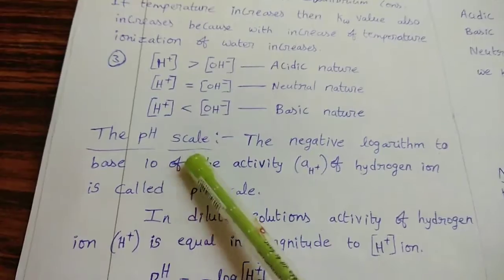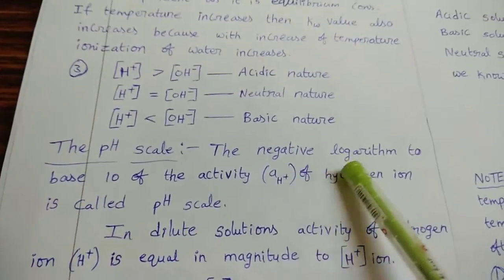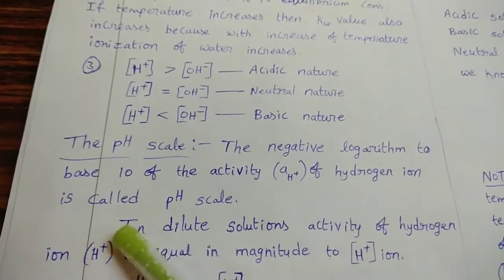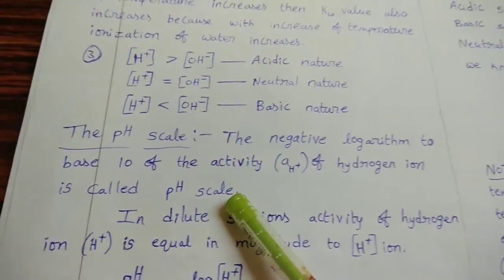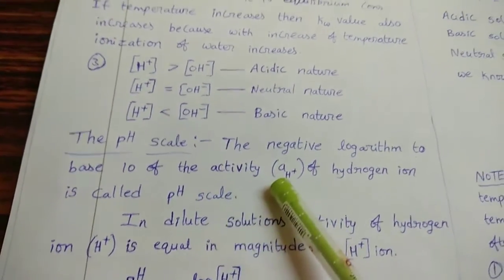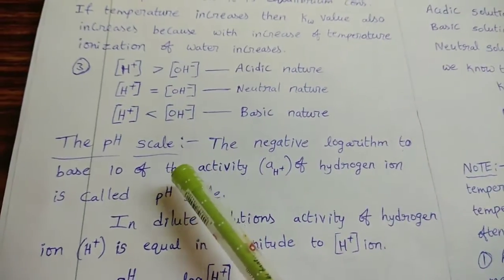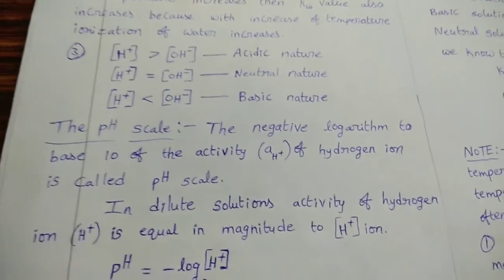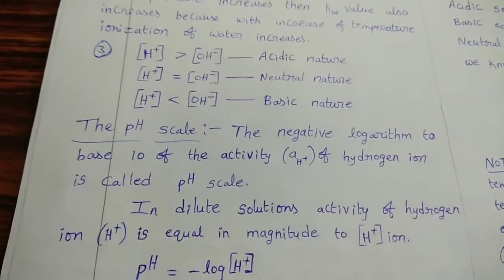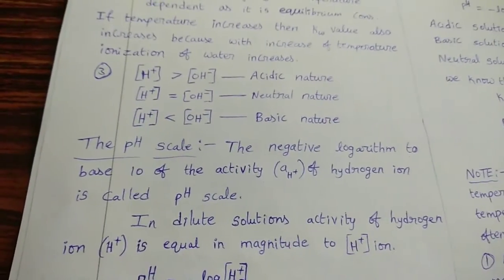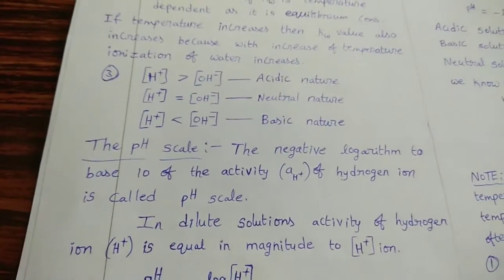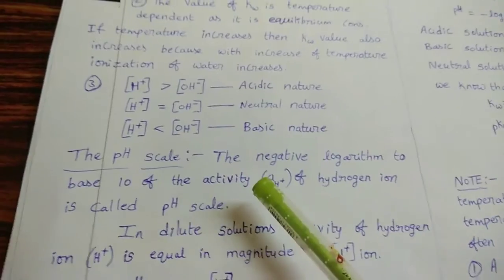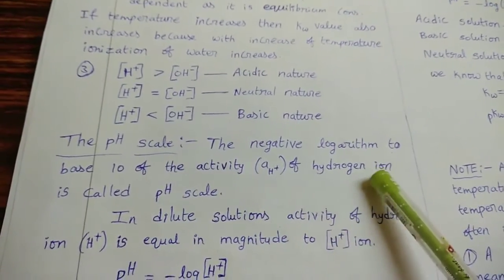Next, the pH scale. The negative logarithm to the base 10 of the activity of hydrogen ion is called the pH scale. In the solution, we can consider H plus ion concentration. In early days, activity of hydrogen ion was considered.